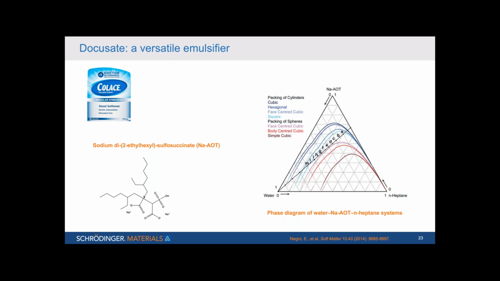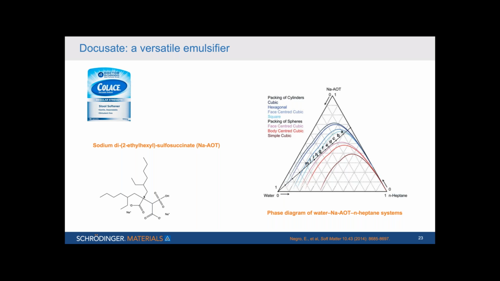I mentioned that everything up until this point has been atomistic, and then there's also coarse-grained in there. And so what is coarse-grained? There's another problem where this is actually well suited to discuss, a higher length scale getting towards a mesoscale simulation. So, sodium di-2-ethylhexyl sulfosuccinate, NaOT for short, is used in cosmetics as a softener, and it has a few other applications.